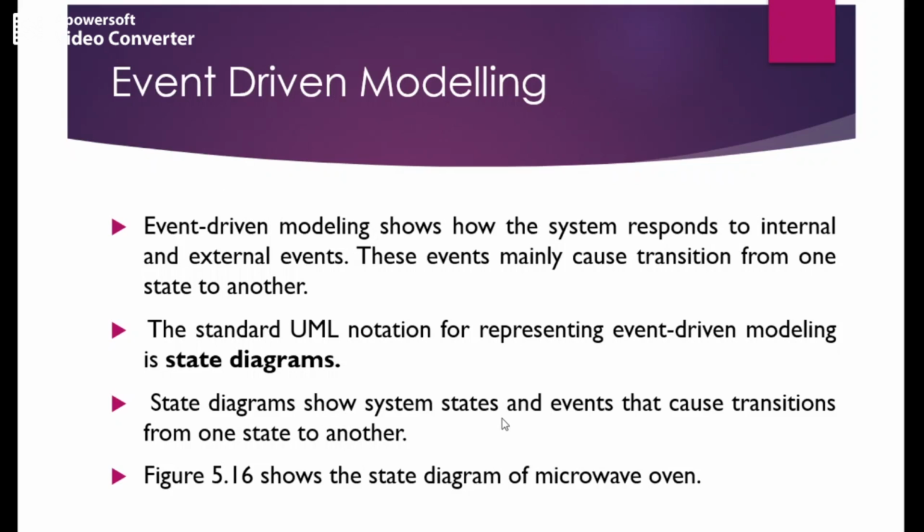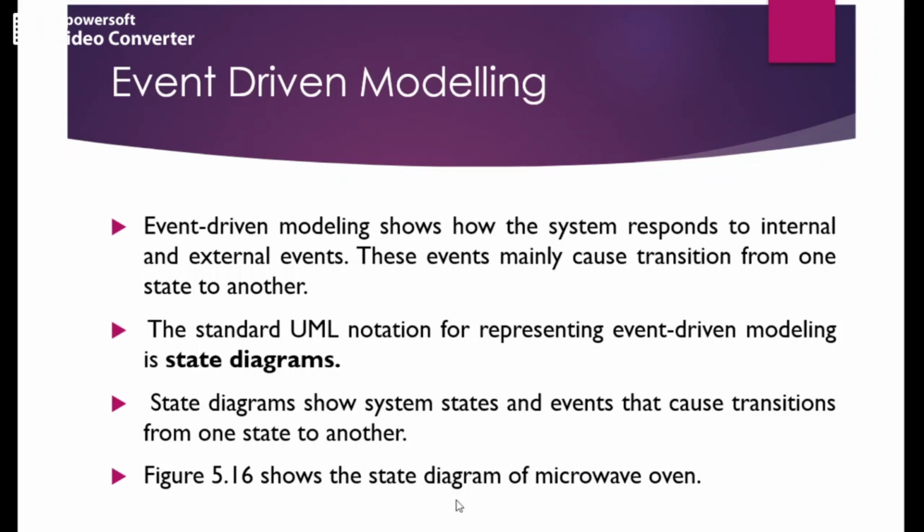The different states of your system and the events that cause the transitions from one state to another. A state diagram mainly consists of the different states of your system, and it also specifies the events that cause the transition from one state to another.